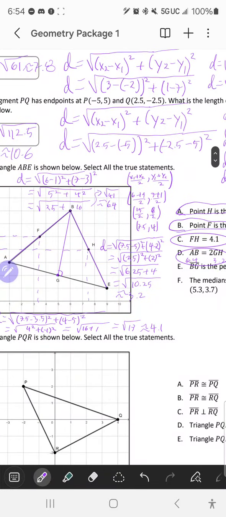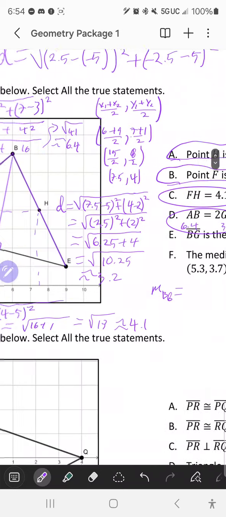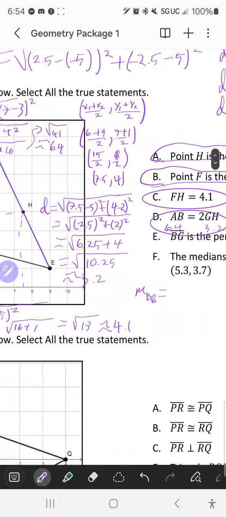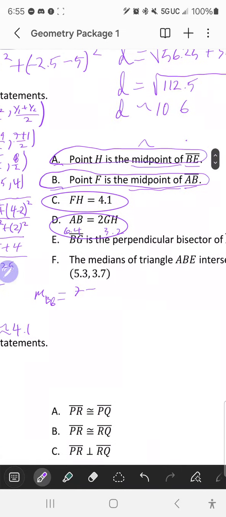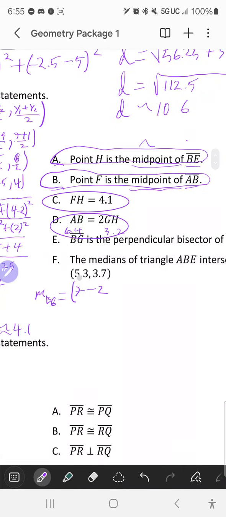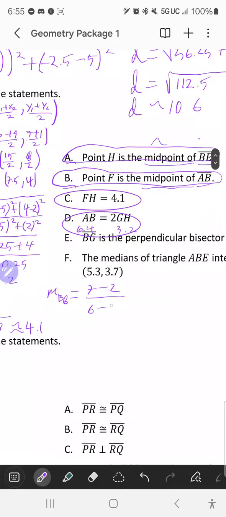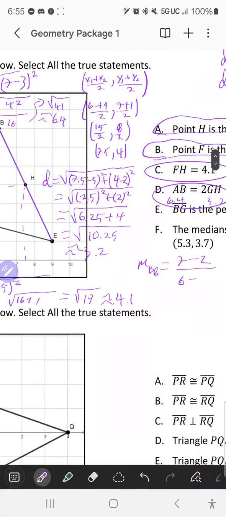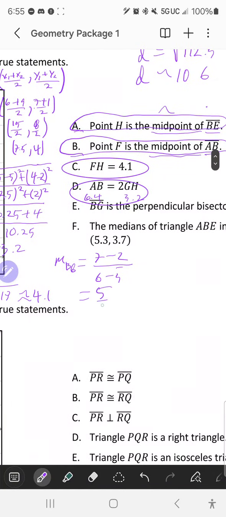So let's see for BG. m for BG is going to be equal y2 is 7 minus y1 is 2 over 6 minus 5. This is going to be 5 over 1, which is the same as 5.